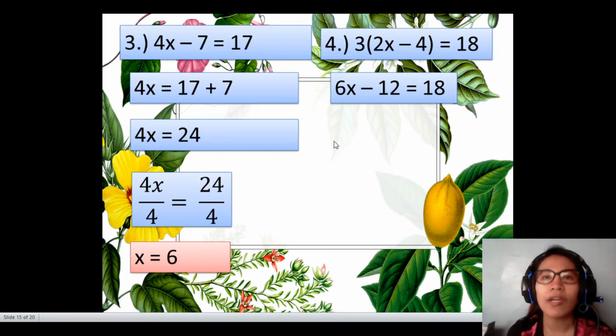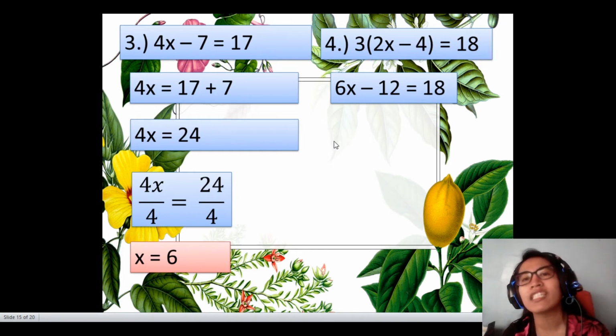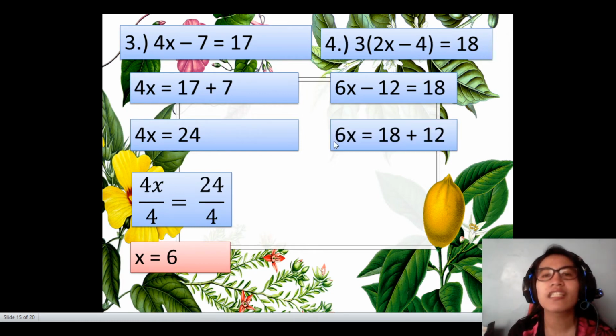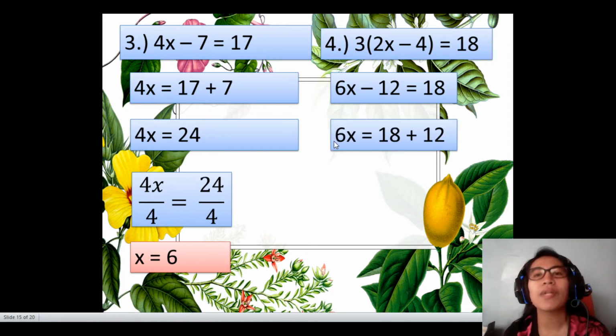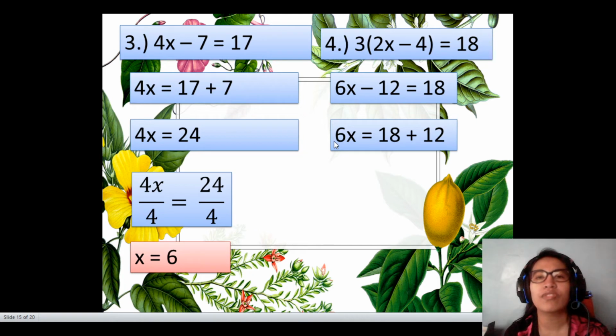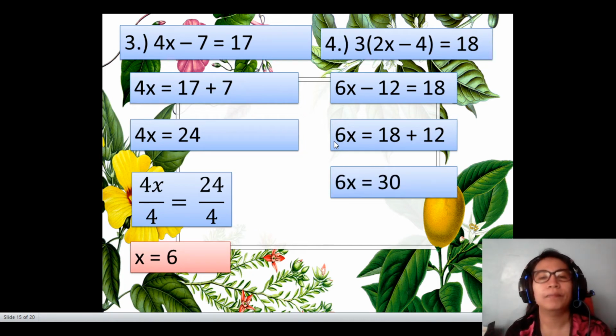Then the next step again is to transpose to the right side your negative 12. So that will be positive 12, leaving the 6x on the left side. So you have 6x equals 18 plus 12. And now you can finally add that 18 plus 12. Just copy the 6x on the left side equals 30.